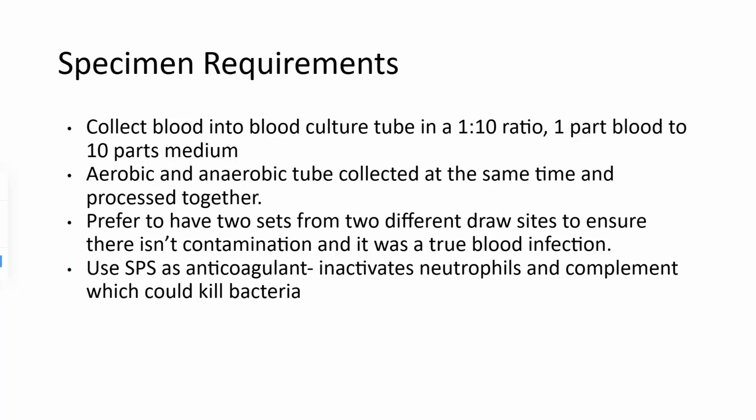Now let's say, oh, well, the lab wants another set. So let's just continue to collect from the exact same site. Well, now you're collecting from that same exact contaminated site. But if we have 2 bottles and 2 sets of 2 bottles from 2 different areas in the body, and one of them is positive in one area, and then in a completely different area, it's still positive, we increase the likelihood that yes, this is truly sepsis.